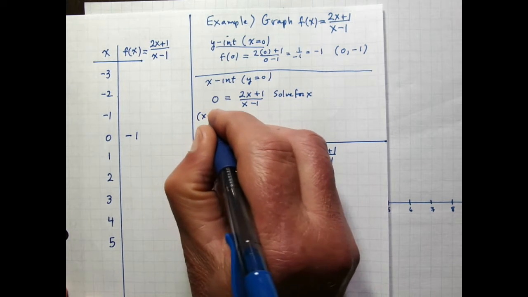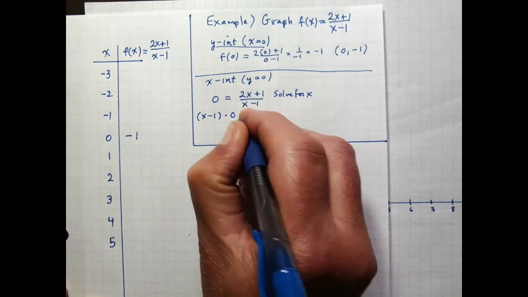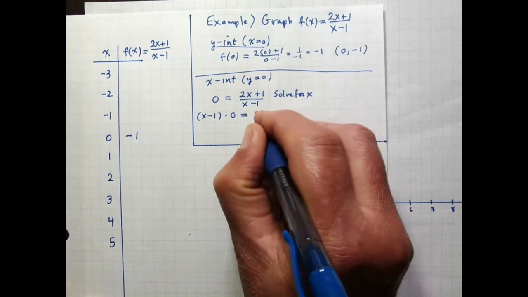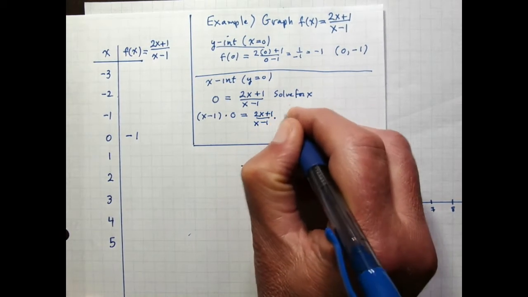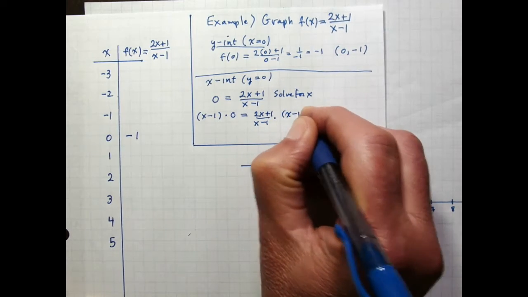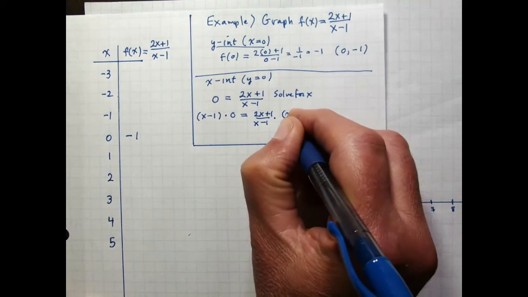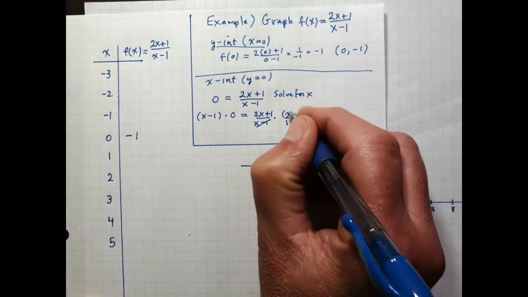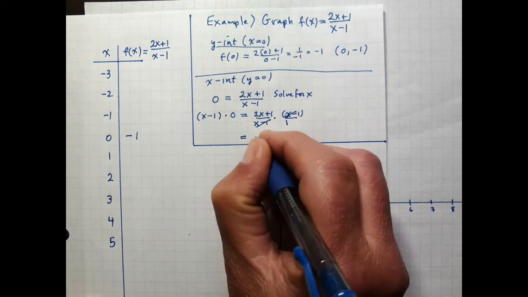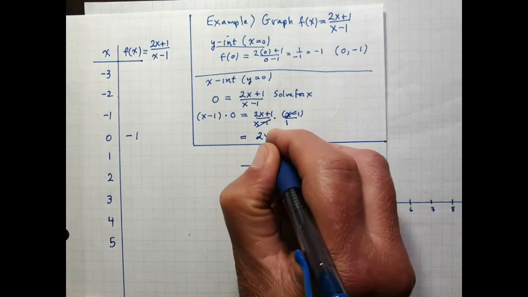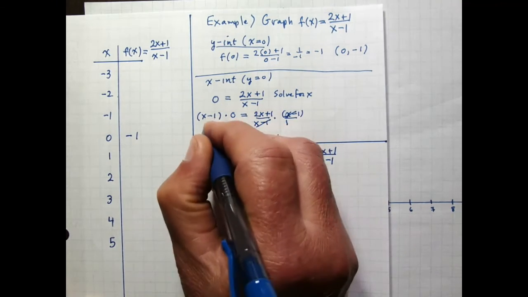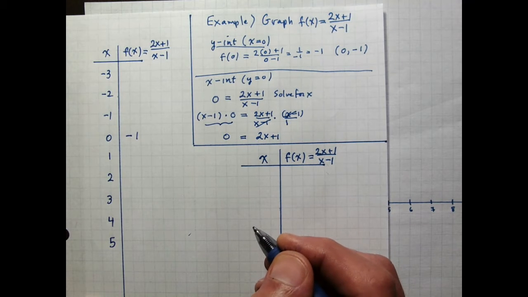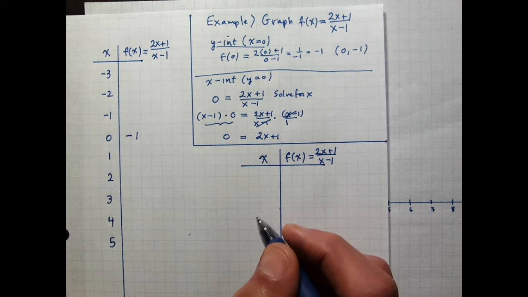I multiply (x minus 1) times 0 equals (2x plus 1) over (x minus 1), also multiplied by (x minus 1). I can write that over 1, which makes it easier to see that the x minus 1 cancels on the right, leaving 2x plus 1. On the left, anything times 0 is 0. So I have just 0 equals 2x plus 1.